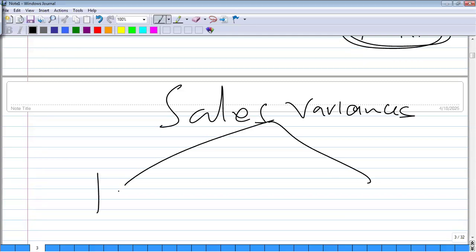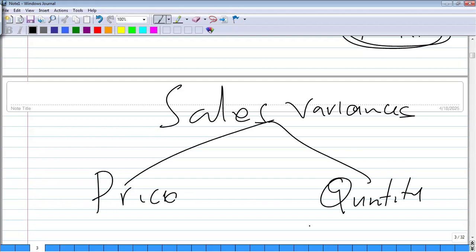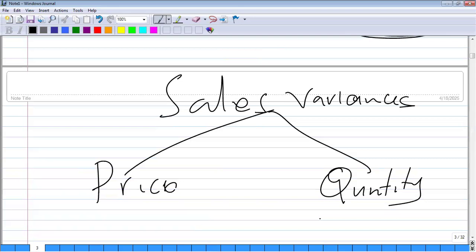The price. What's the other? The actual units, the quantity. So the only reason why your revenue projections change is either because the price changed or the quantity you planned to sell was not made. So these are the only two things which cause changes in sales revenue.